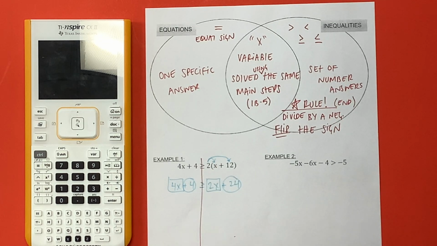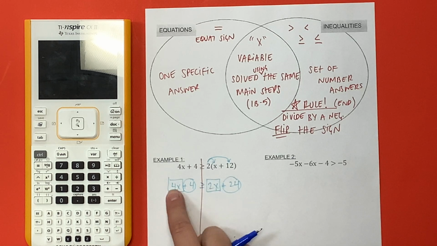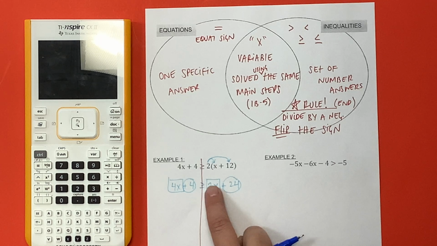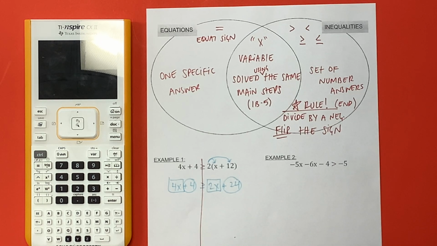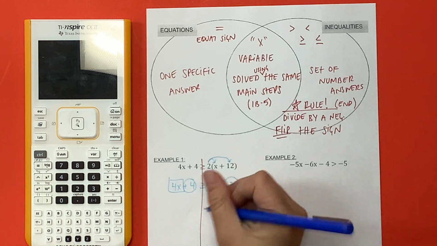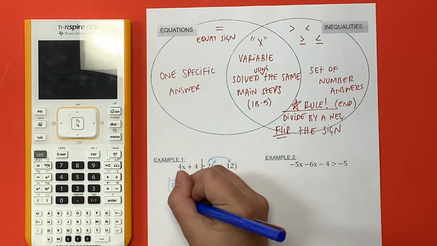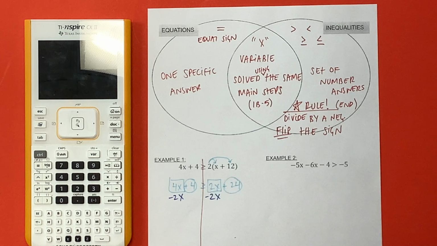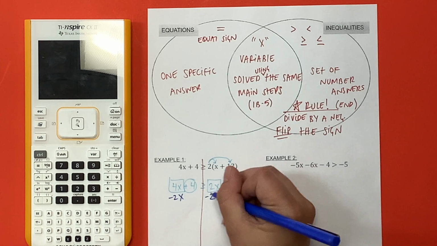So I'm going to move to combining like terms on different sides. Let's take this 2x and move it over here, or we could take this 4x and move it over here. It is kind of up to you. For the sake of this example, I'll just go ahead and do the easy way. Let's take the 2x and subtract it from both sides.